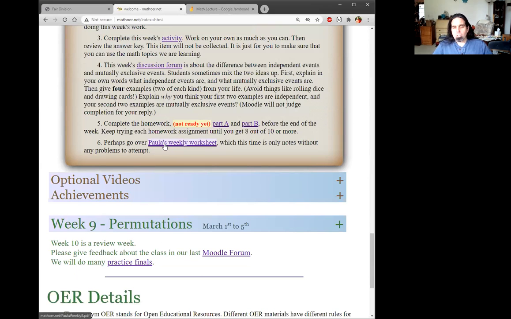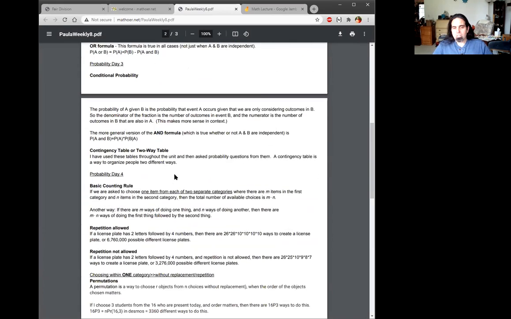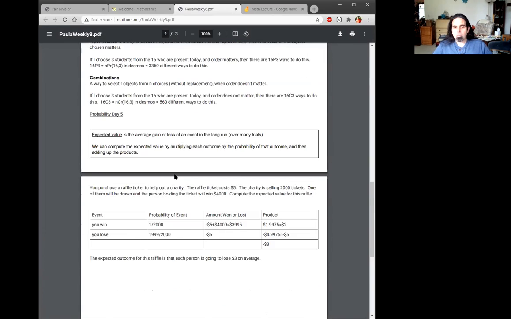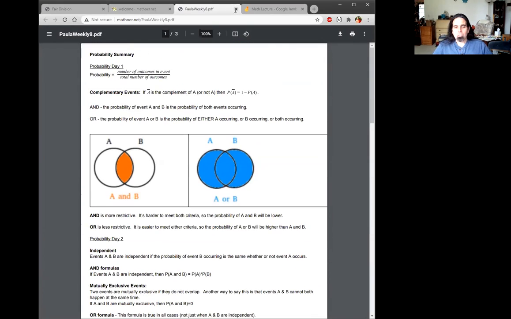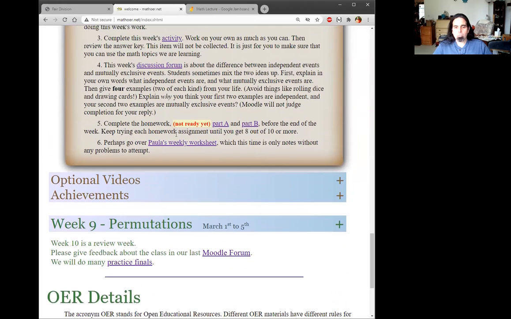Paula's weekly worksheet this time is not really a worksheet, it's just notes. So I also recommend looking at this. It's just sort of a summary of probability. So at the end, that's a good thing to look at and to make sure you're on top of things.